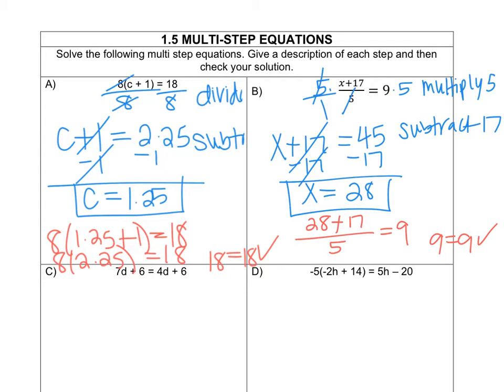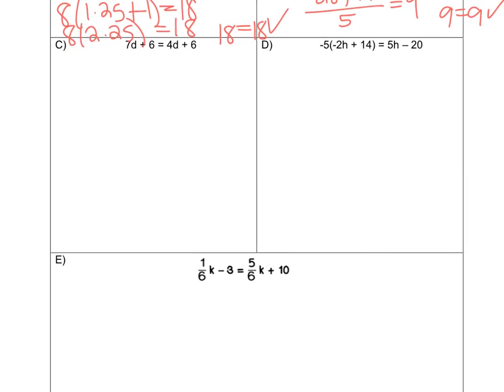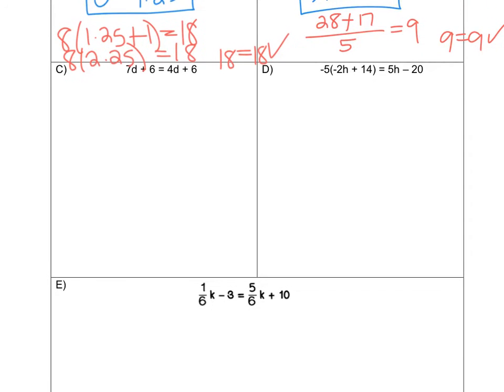Okay, moving on to problem number C, or letter C. (7d plus 6 equals 4d plus 6). So in this equation, we have variables on each side of the equal sign.